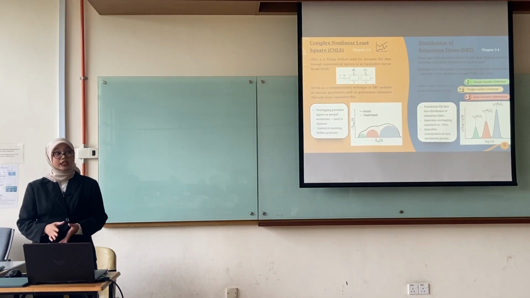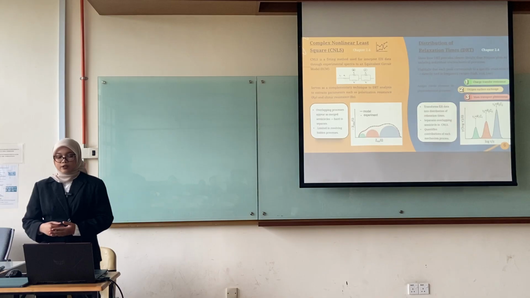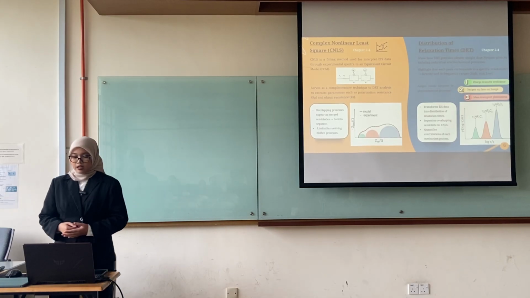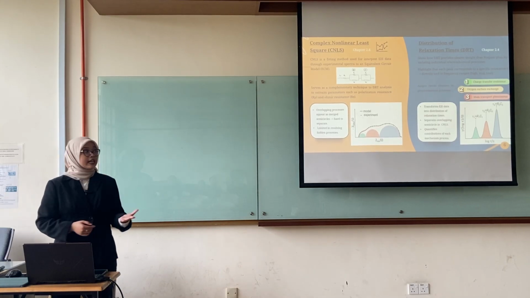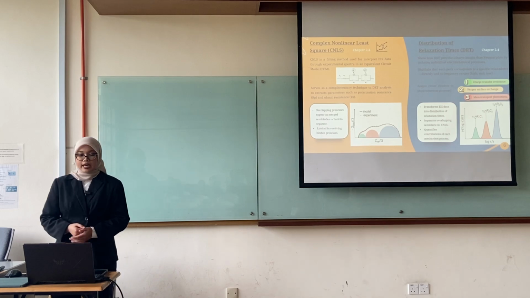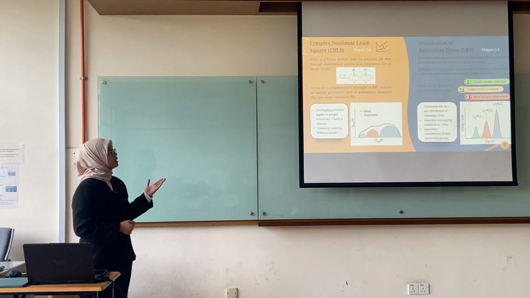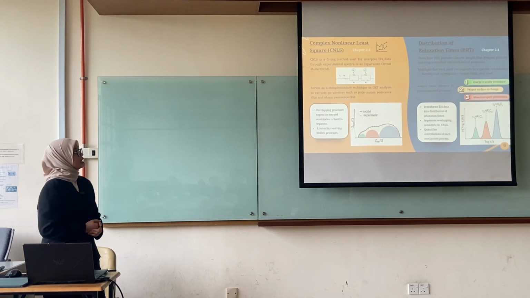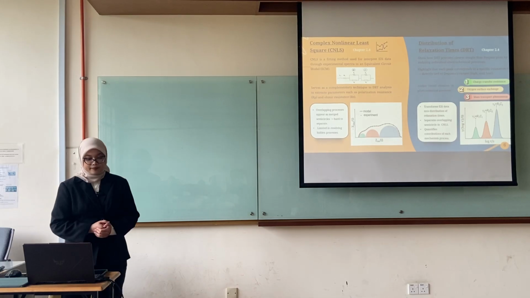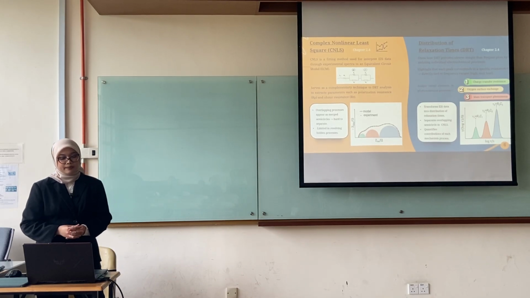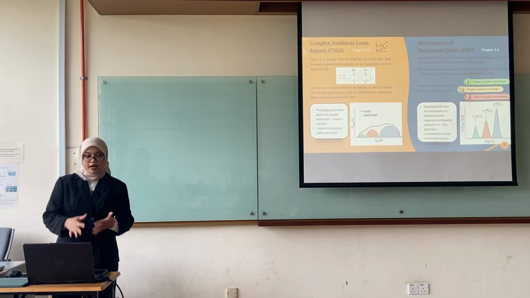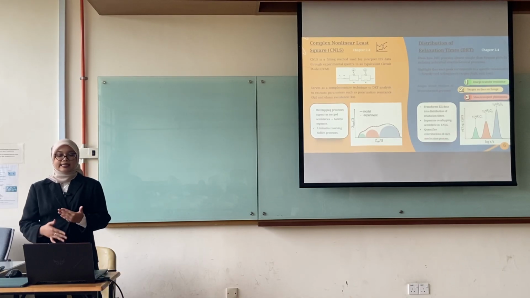Now, let's take a closer look at the differences between CNLS and DRT. As you can see, complex nonlinear least squares (CNLS) is a fitting method used to interpret EIS data by fitting experimental spectra to an ECM.